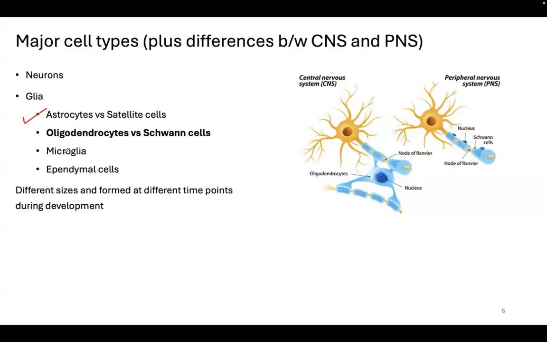Then there's microglia. Maybe I should not classify them as glial cells. They're more of immune origin. They are there to clear up dead cells, not to clear up these neurotransmitters, but in general, cleaning the dead cells or chopping up processes.